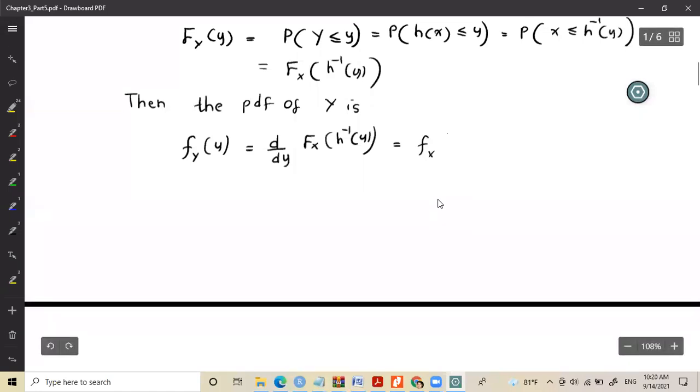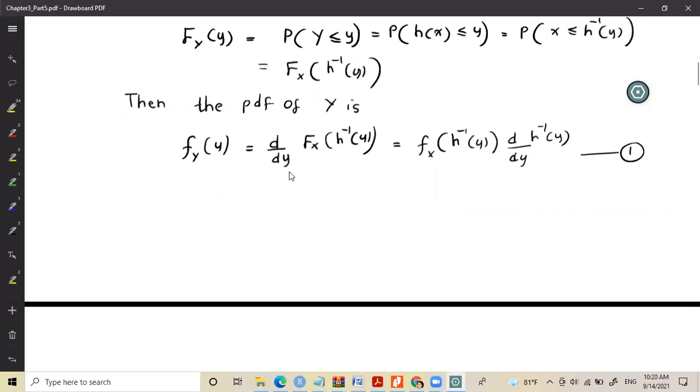So you have f of X of this same function, and then with the chain rule, you go inside and take the derivative of h inverse of y, d over dy of h inverse of y. So this will be the PDF of Y in the first case, when the function h is increasing.